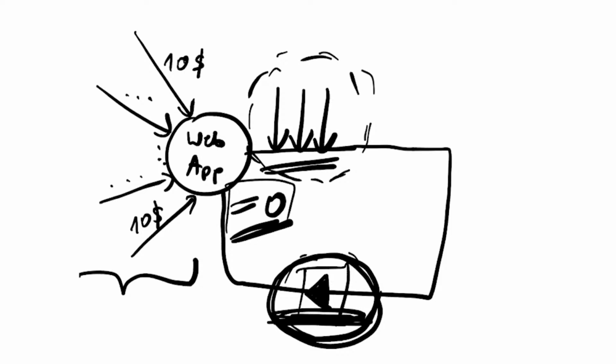So it basically means that, well, I cannot send more money from my account because the balance is 0. But please notice that there are 3 money transfer requests that have already been accepted.